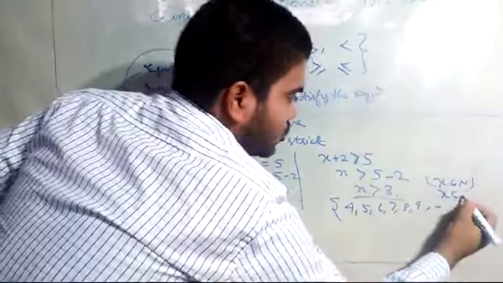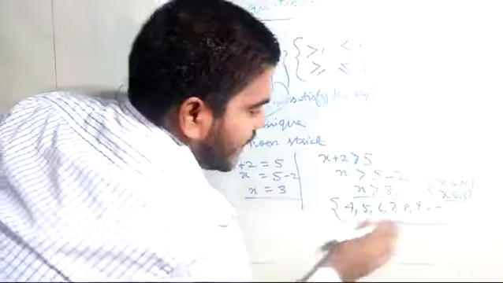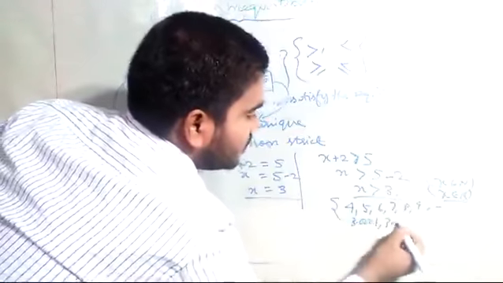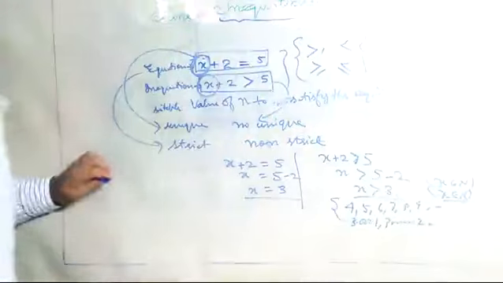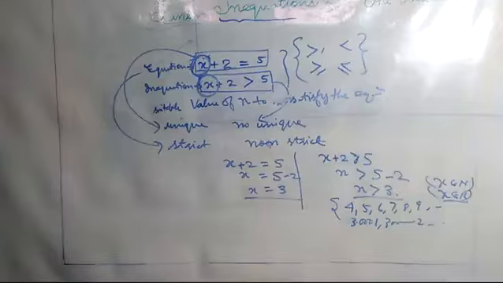If x belongs to real numbers, then from 3 onwards the answers may be like 3.0001, 3.0002, so many numbers, infinite. You cannot count those numbers. So this is the meaning of unique and strict, and not unique and non-strict solution. I hope it is clear.